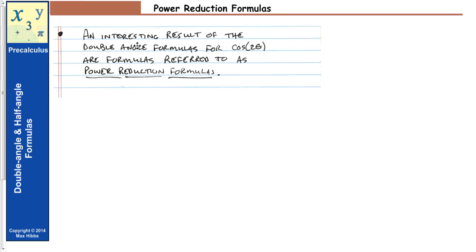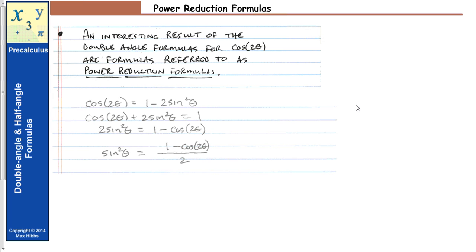It's an interesting result of the double angle formulas for cosine of 2 theta. We can take the sine squared of theta, or of alpha, or whatever the angle is, and write it in terms of trig functions to the first power instead of the second power.